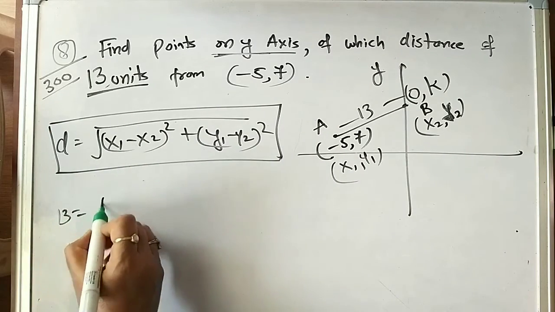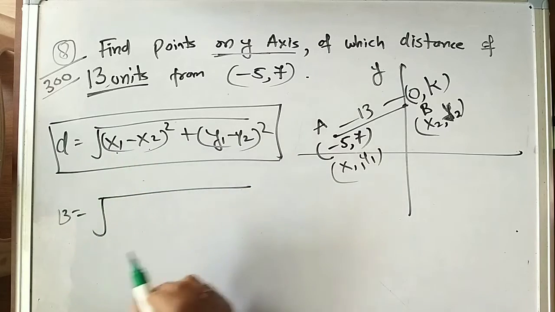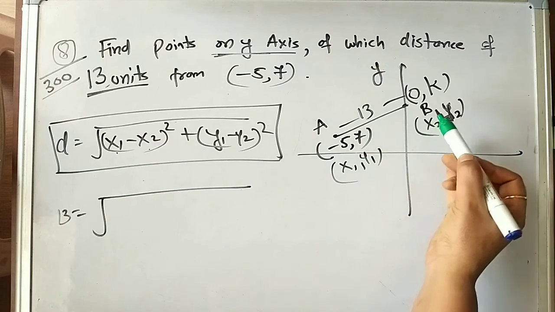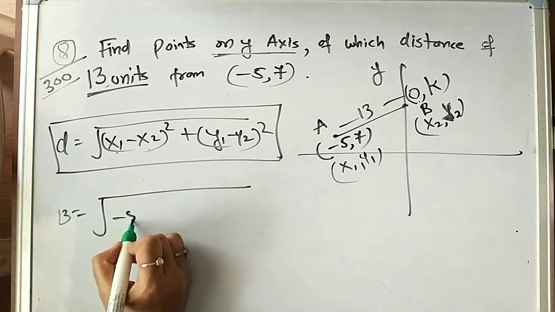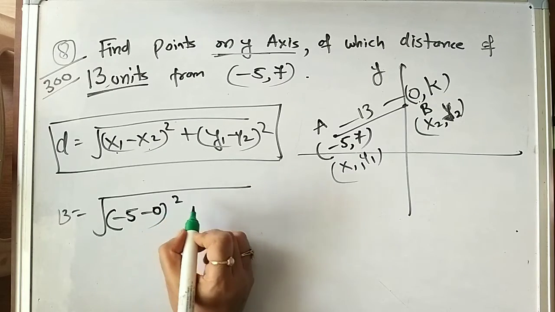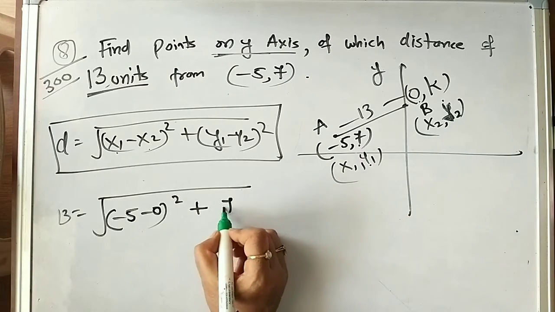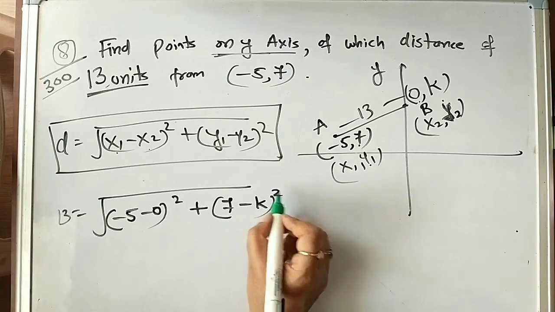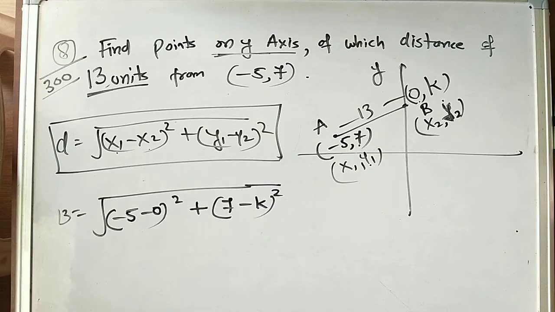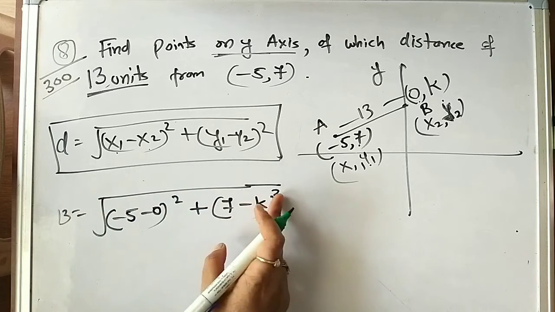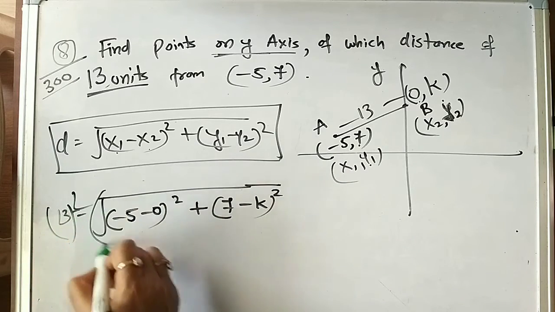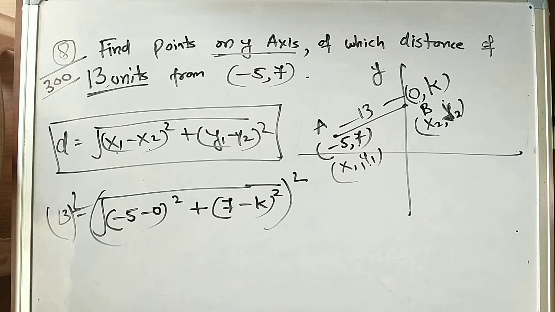D is 13, root of (x1 minus x2) square plus (y1 minus y2) square. So this is (minus 5 minus 0) square plus y1 is 7, y2 is k, (7 minus k) square. It's pretty simple now. In order to get rid of the root, I can square both sides. That is the step I follow.